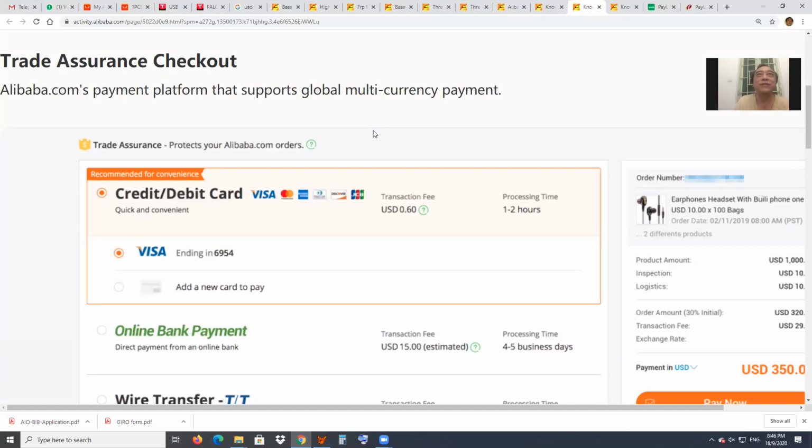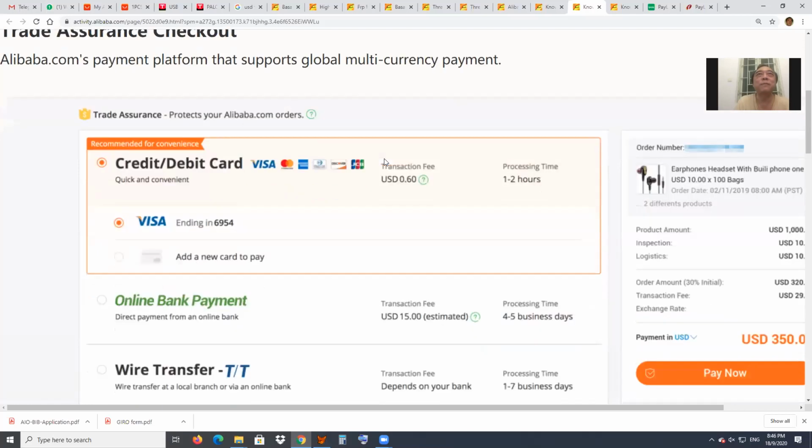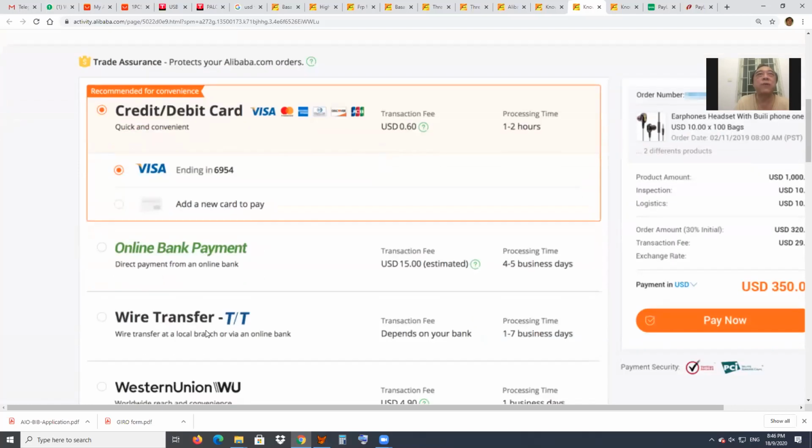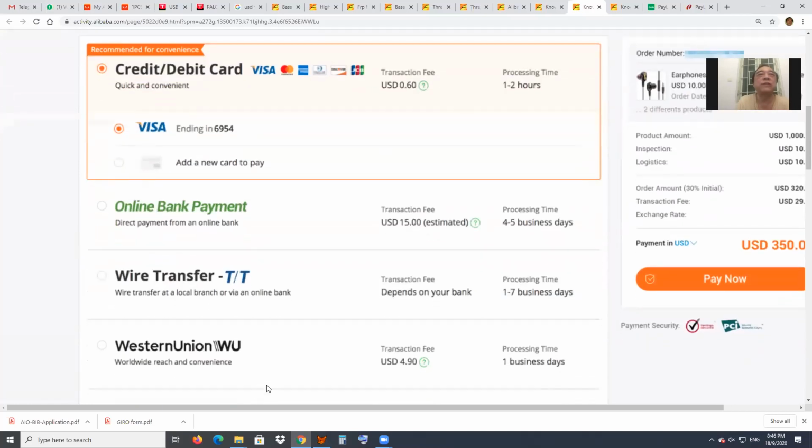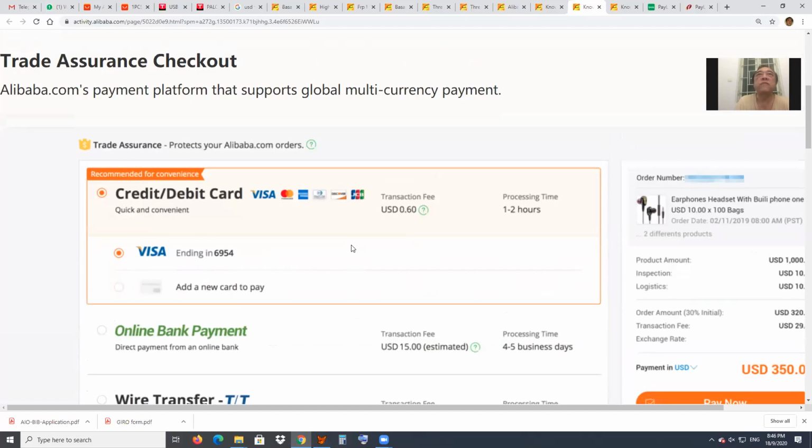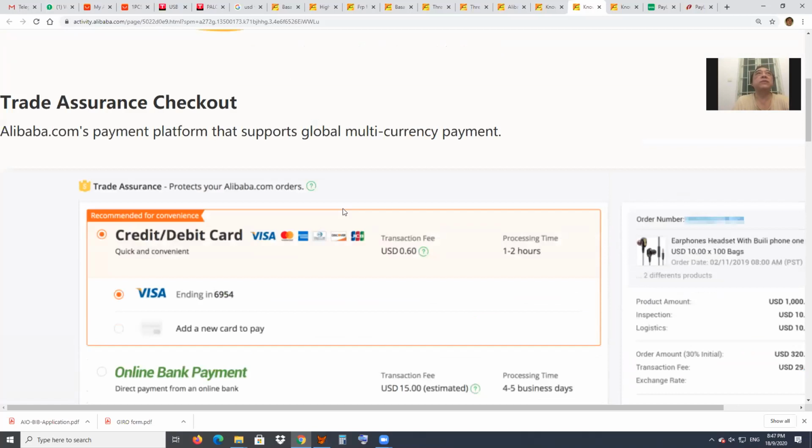So you may end up paying more than the wire transfer of Western Union. So normally, like below 500, I will just use Western Union. I see the 5% is not worth it, then I use Western Union. Okay, but for vendors that I know, then I won't use the trade assurance.